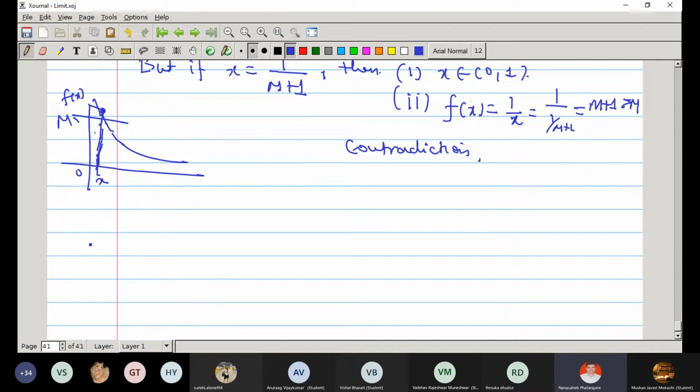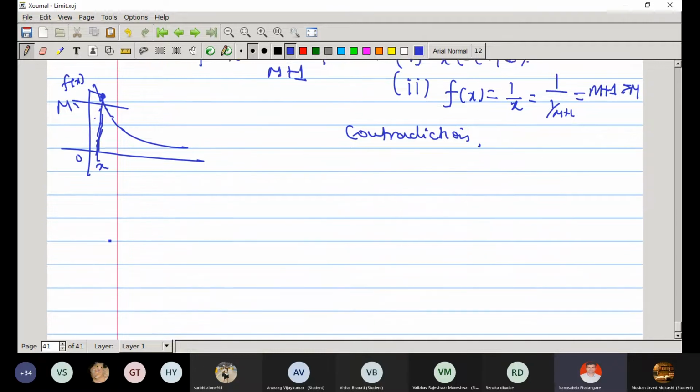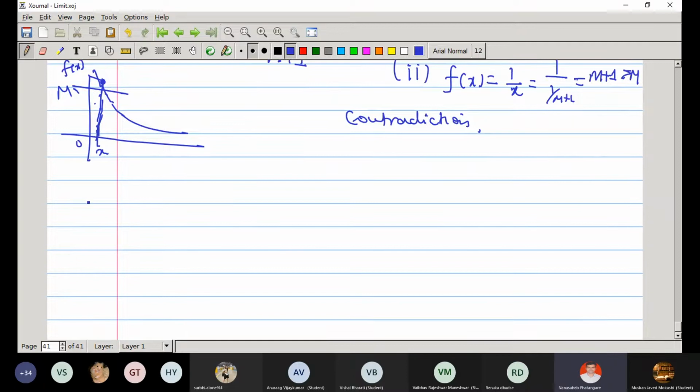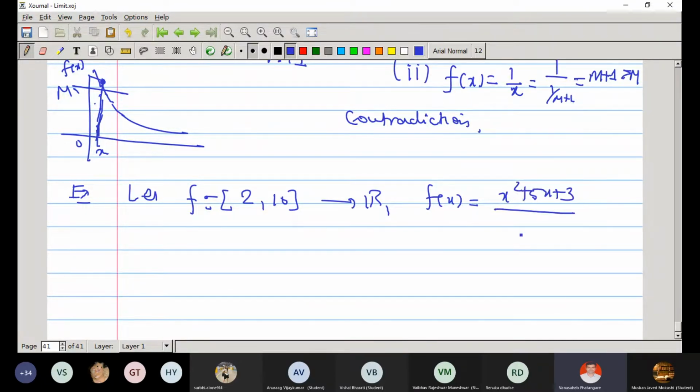Now, how to prove whether some function is bounded or not? For example, let f be defined on [2, 10] to R, where f of x is equal to x square plus 5x plus 3 divided by x square plus 1.